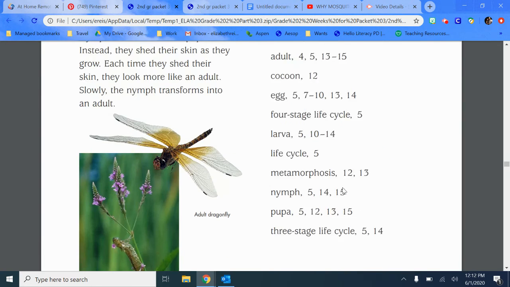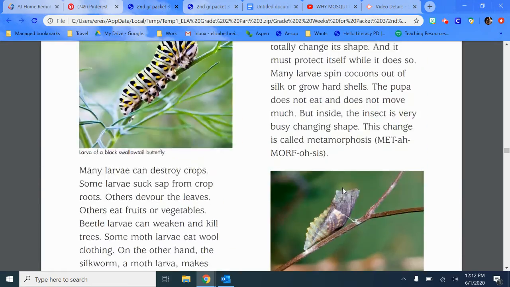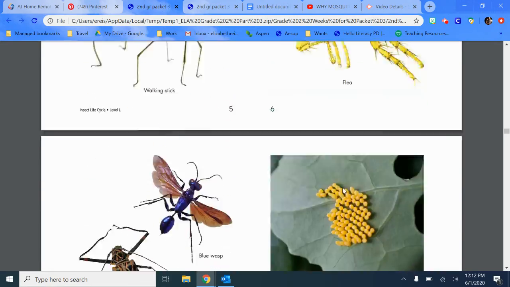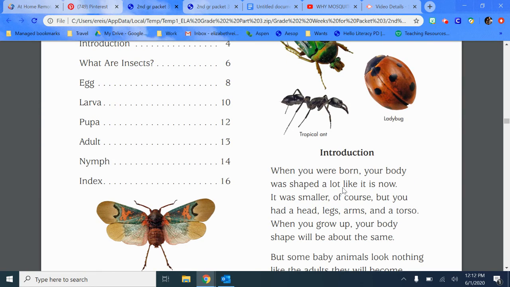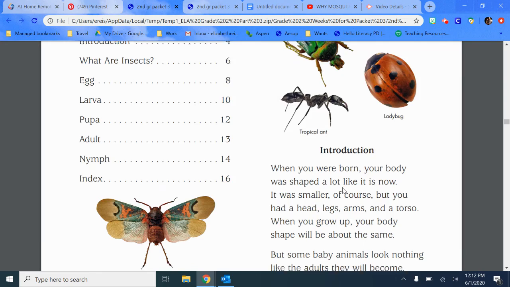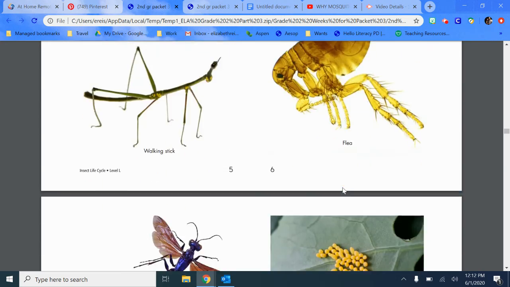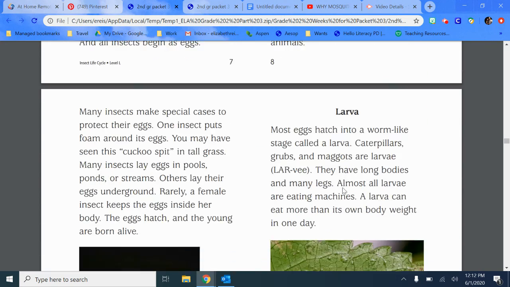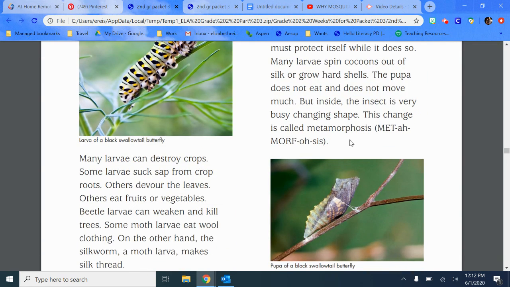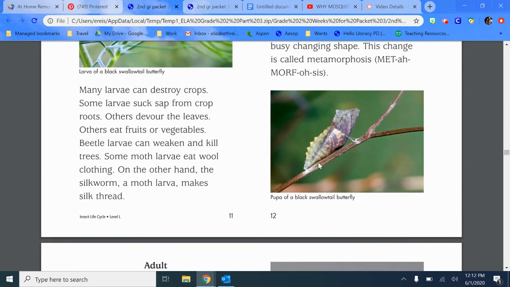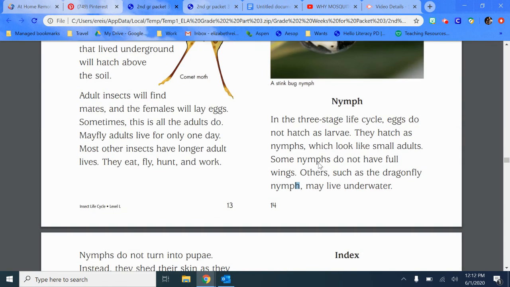You can find all the vocabulary words from this text all throughout. So the vocab words you can choose from are larvae, cocoon, and metamorphosis. And you're going to find all of those words throughout this text. So larvae's right here, metamorphosis is here, and cocoon was up at the top.